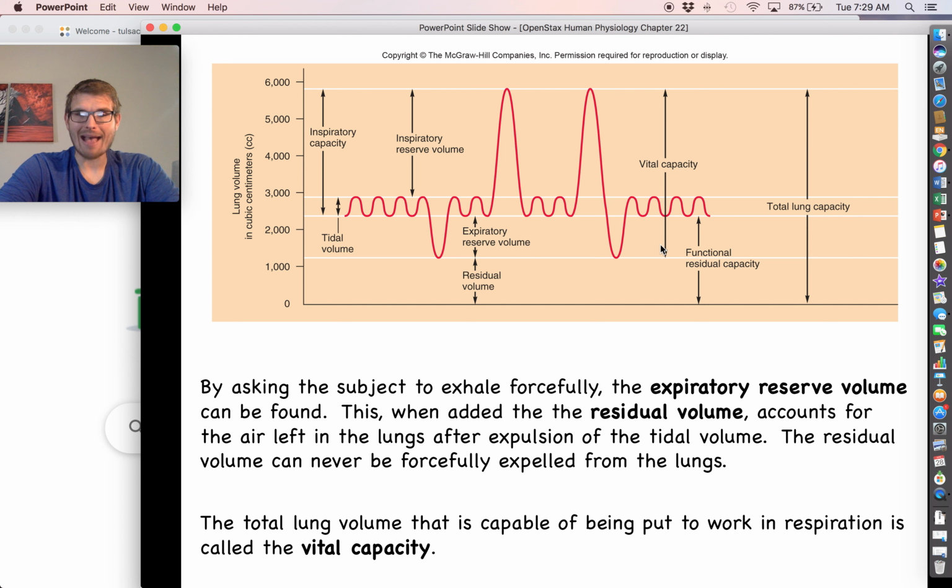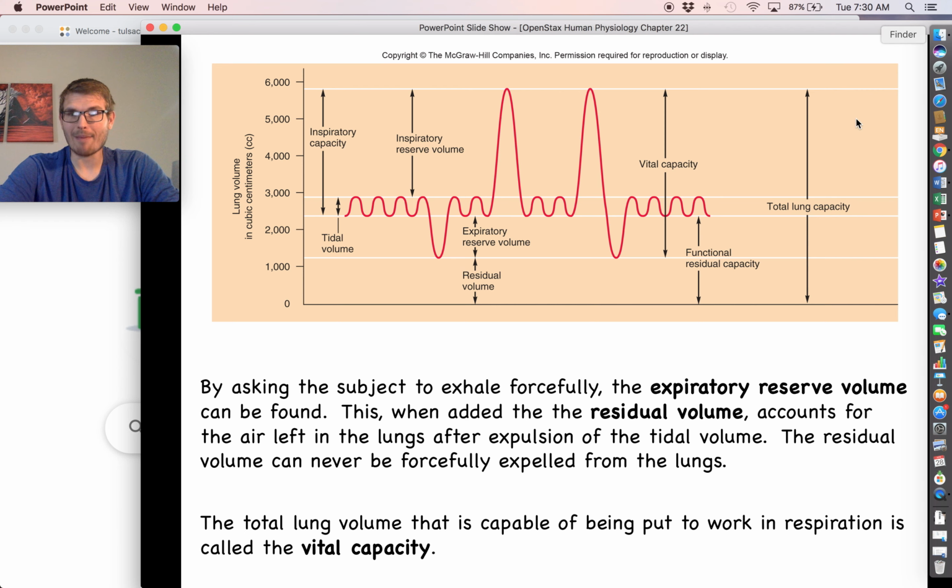The vital capacity runs, you can see here, from the bottom of your expiratory reserve volume to the top of your inspiratory reserve volume. So basically, your vital capacity is the total lung volume, meaning when you fully inflate your lungs by breathing in as much as you possibly can, minus the residual volume, because that volume of air is always there anyway.